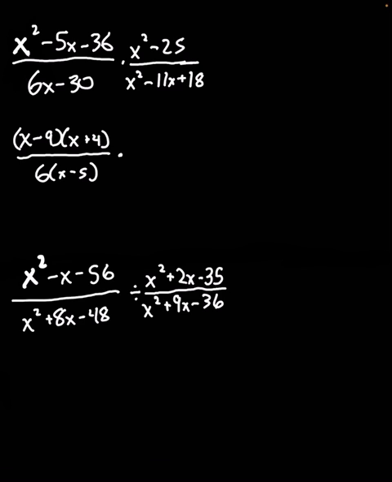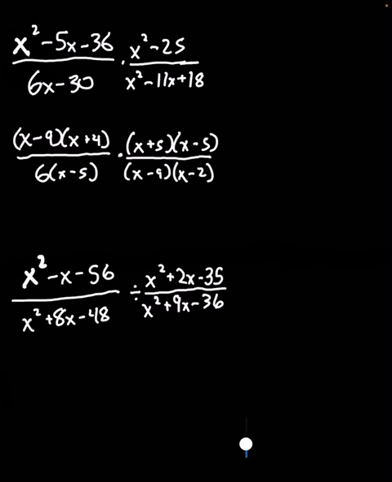Now, x squared minus 25, that's a difference of squares, so that's going to be x plus 5 and x minus 5. And then our denominator here, x squared minus 11x plus 18, that's going to be x minus 9 times x minus 2.